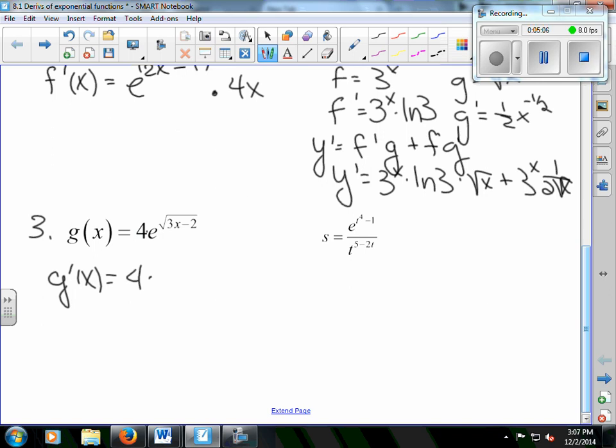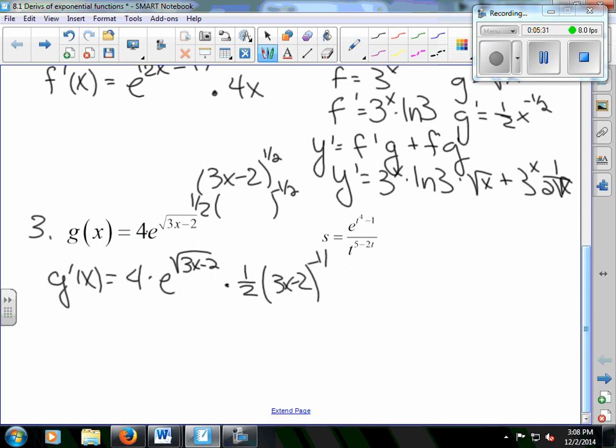And now I'll do the derivative of e to the square root of 3x minus 2. The derivative formula tells me that it's the same exact thing. However, I also multiply by the derivative of the inside, which is the top here. If I have a square root of 3x minus 2, that's 3x minus 2 to the 1/2. And so I do 1/2 to the negative 1/2, keeping my inside the same.